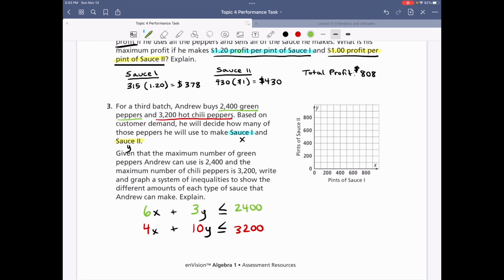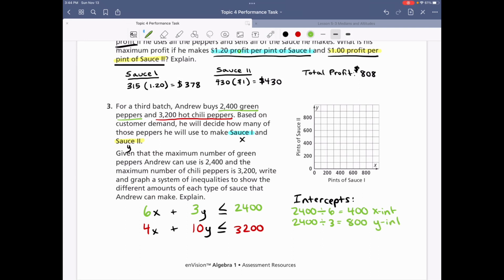Now, I like using intercepts when I'm graphing. So to graph my intercepts, I just have to divide. So for the green equation, I'm going to divide 2,400 by 6 to find the x-intercept. And then I divide 2,400 by 3 to find the y-intercept.